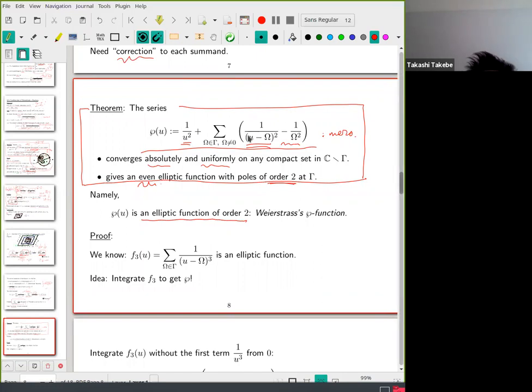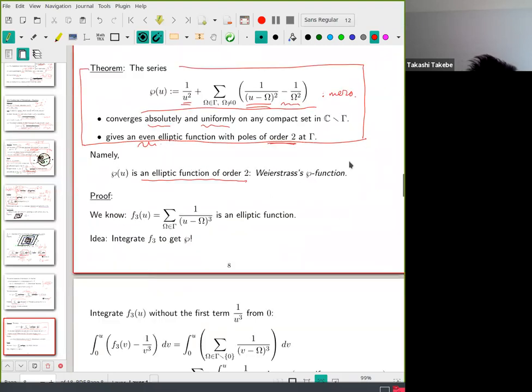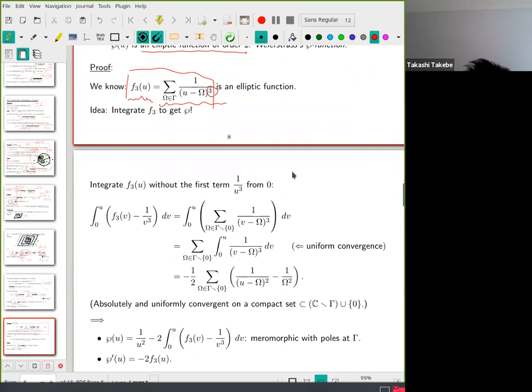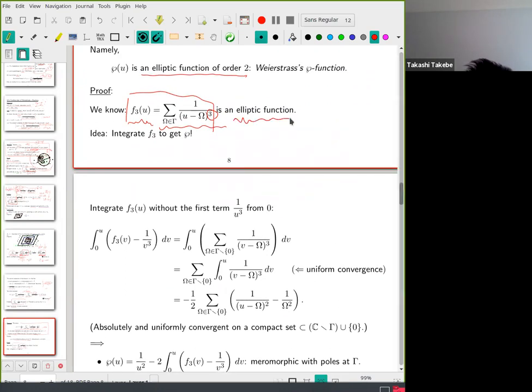But a priori, this series does not seem so periodic because 0 is excluded from this sum. So how to prove this? In order to prove this theorem, we proved the convergence of this simpler sum for n equal to 3. As we know, this series defines an elliptic function.